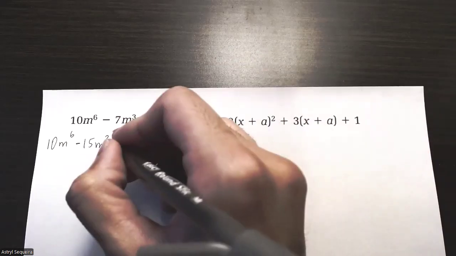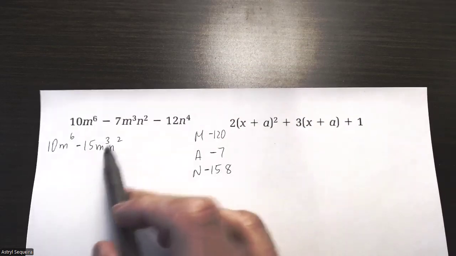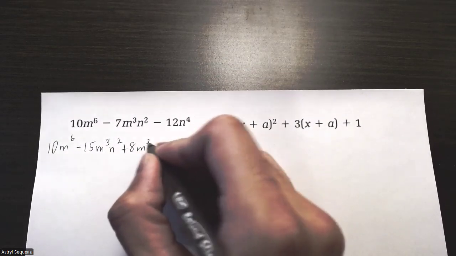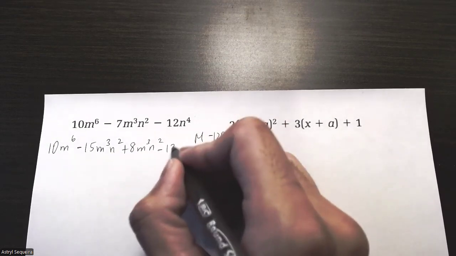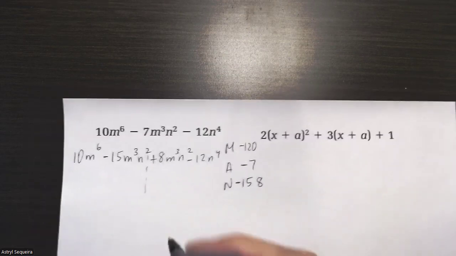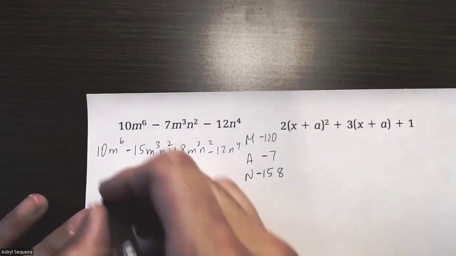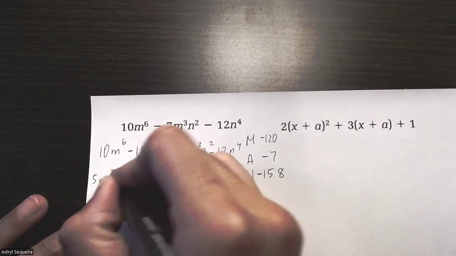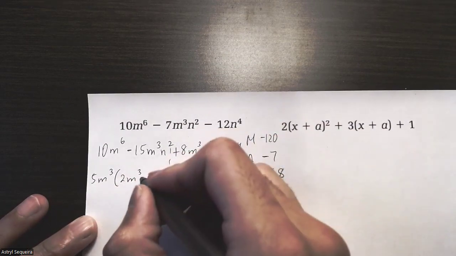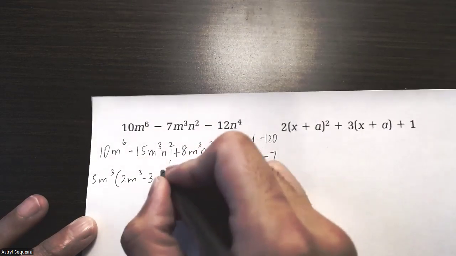m cubed n squared. Make sure the middle terms are the same as that there. Plus 8m cubed n squared minus 12n to the 4. Now we'll split it down the middle and we'll factor by grouping. So over here, my common factor is 5m cubed, and I'm left with 2m cubed minus 3n squared.